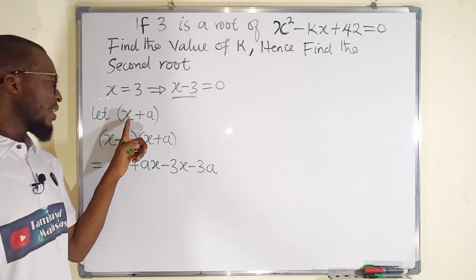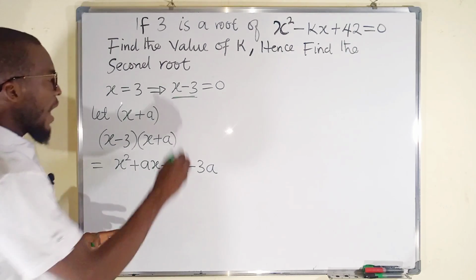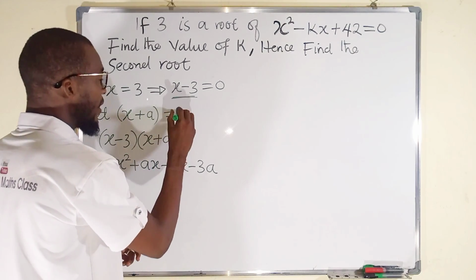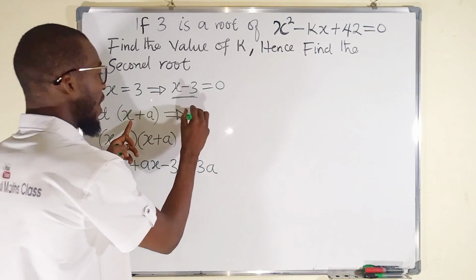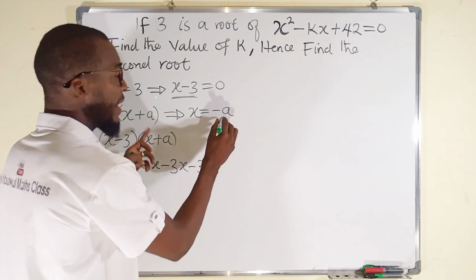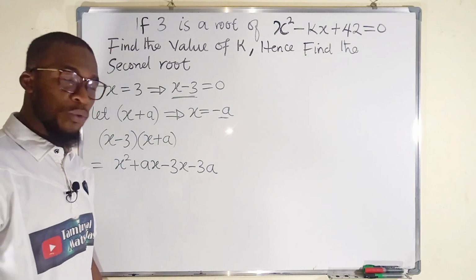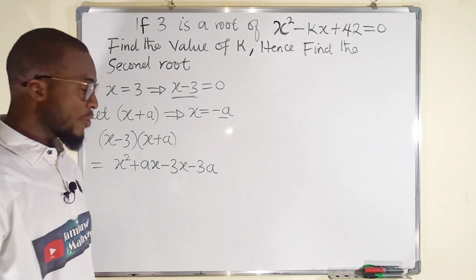By taking x plus a as a factor, this implies that in the end we can set this equal to 0, and x will be equal to negative a, where negative a is going to be our second root. If 3 is the first root, negative a will be the second root.